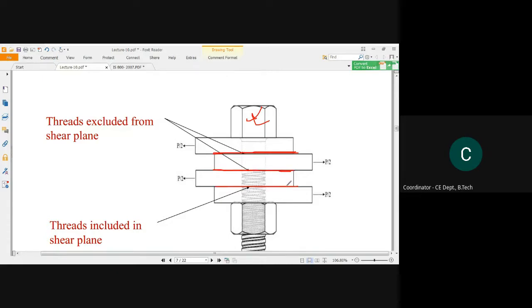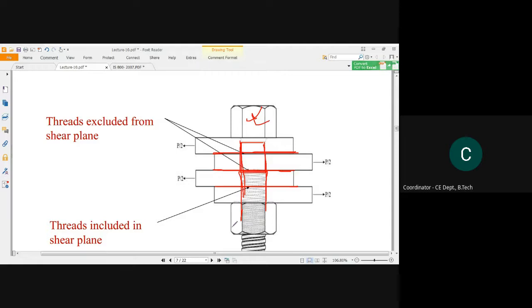So now we have to observe how many planes this bolt has. This is the shank part, right? And this is the threaded part. So how many planes are intercepting these parts? How many layers or shear planes are lying in between this shank part?